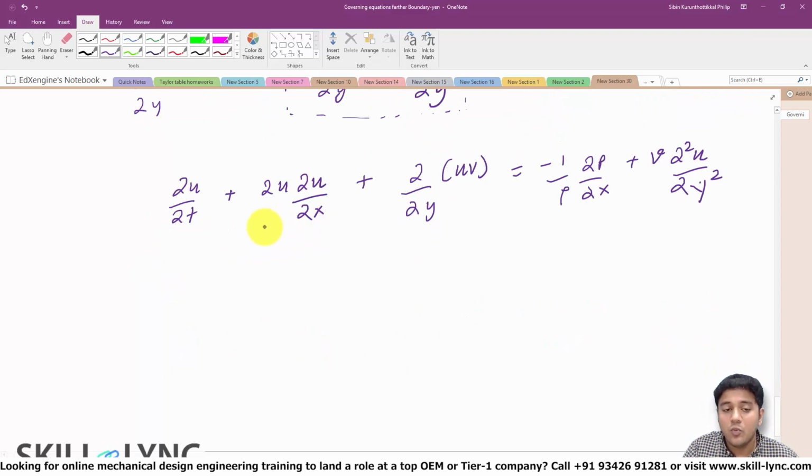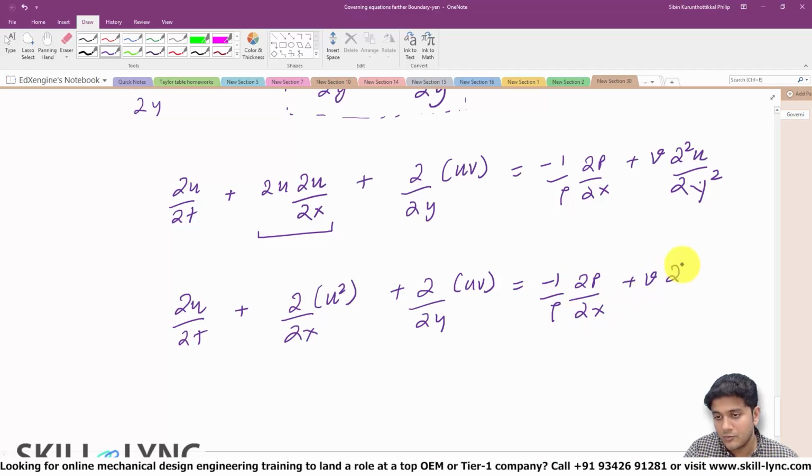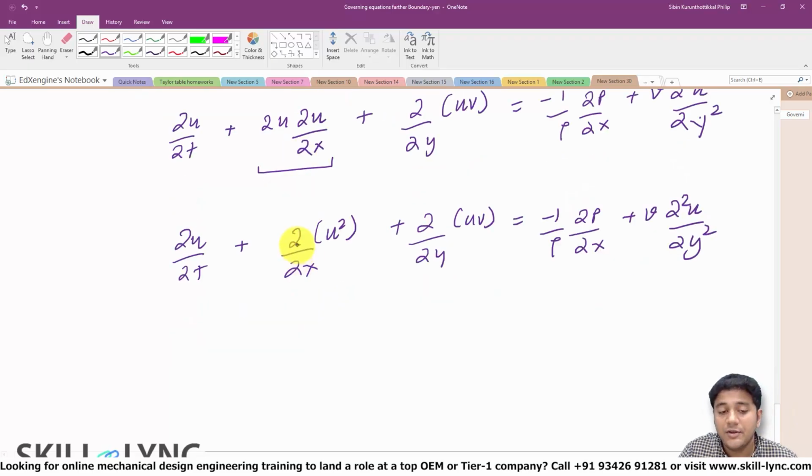we are going to apply one last simplification to this particular term, and we will be ending up with the following equation. As you can see, dou by dou x of u square is nothing but 2 times u times dou u by dou x.